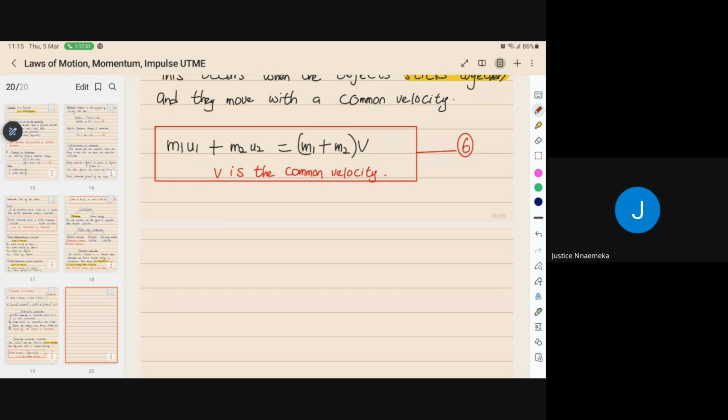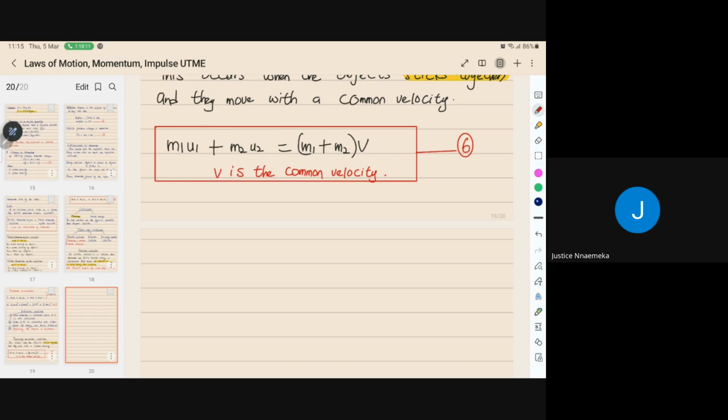Right. So kinetic energy is still the same thing, that same value, right? But for inelastic collision, the kinetic energy might not be the same. They might not be equal, right? It's expected that kinetic energy before should be greater than kinetic energy after. Is that okay? That is for inelastic collision.